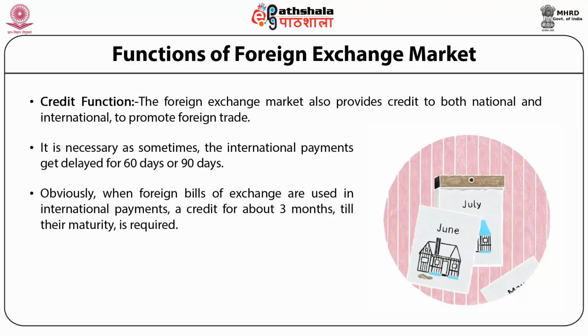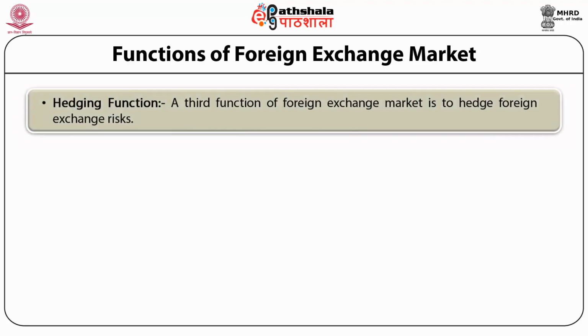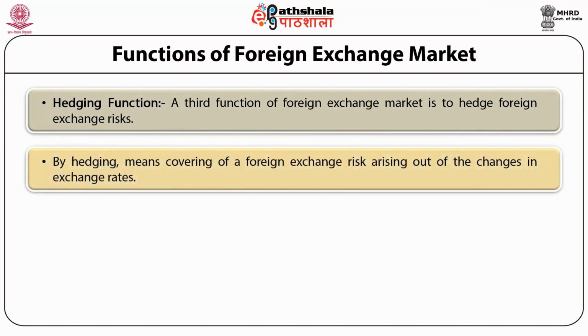Another function performed by the foreign exchange market is hedging function. A third function of the exchange market is to hedge the foreign exchange risks. By hedging, we mean covering of foreign exchange risk arising out of the changes in the exchange rates.